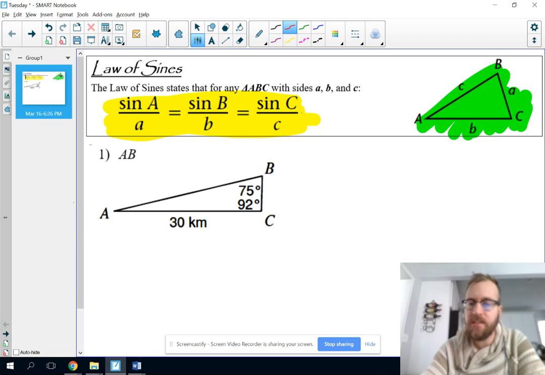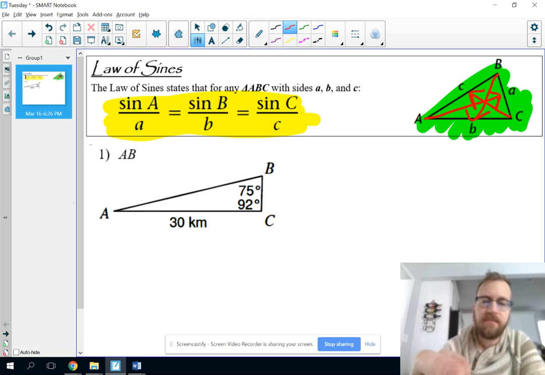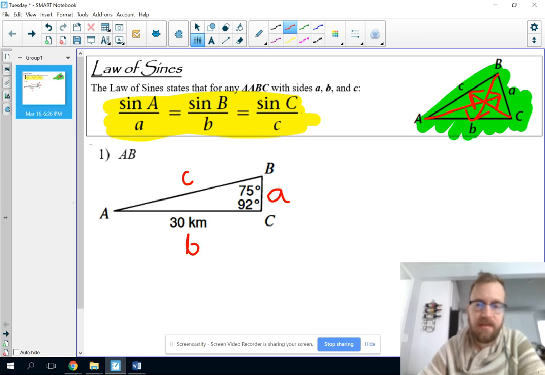In our example diagram, across from angle A is side a, across from angle B is side b, and across from angle C is side c. So your first step in every problem is to label your sides.